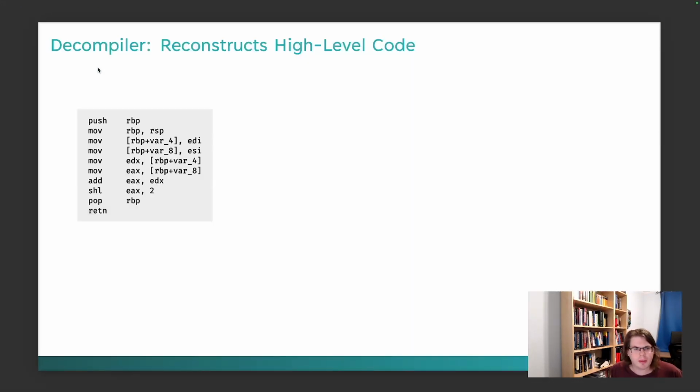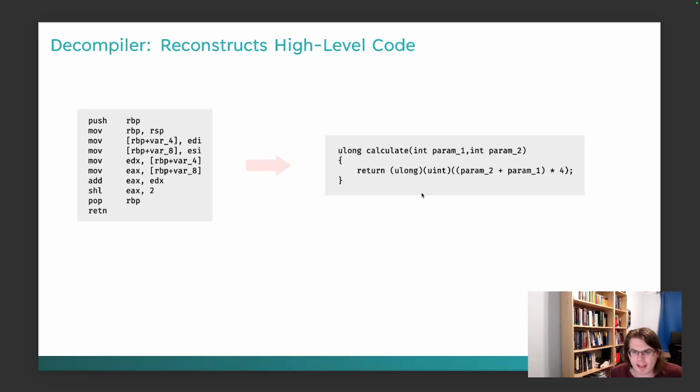So for instance, a decompiler might go from something like that to something like that, where we can see the function signature and its function name with two parameters, and then we see that it returns something and the parameters are added together and multiplied by 4. And that is at least more readable for somebody who doesn't have a reverse engineering background than this one.